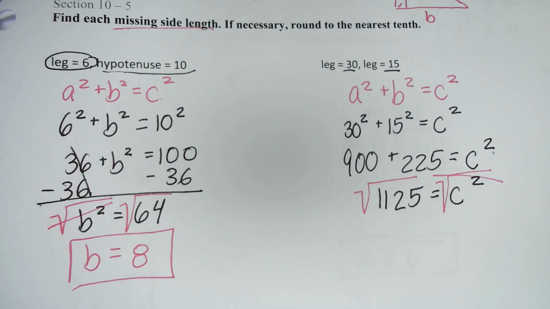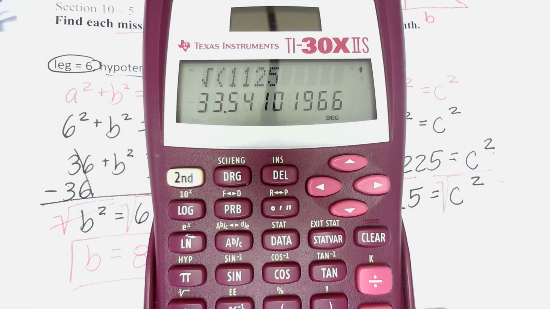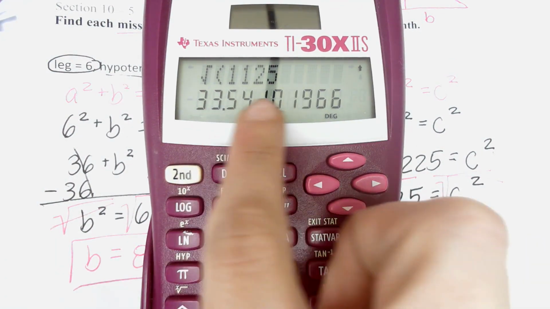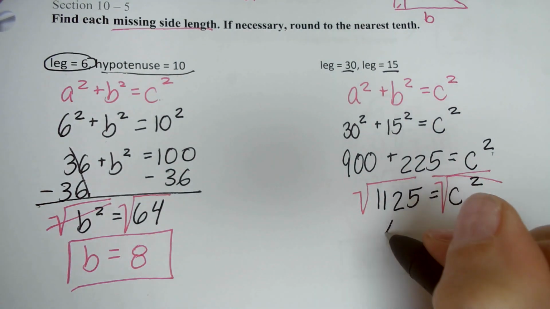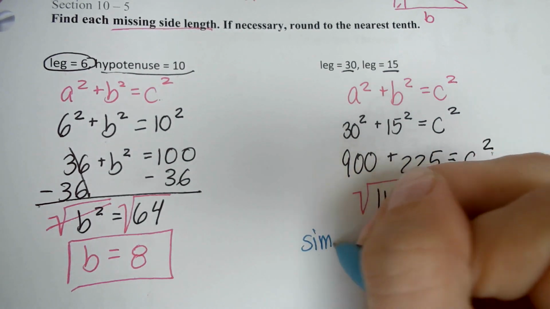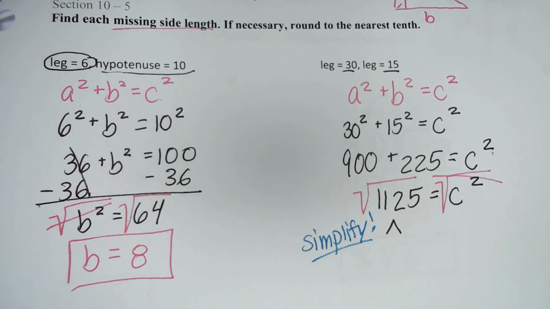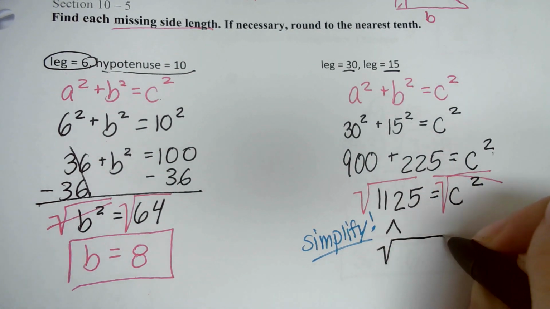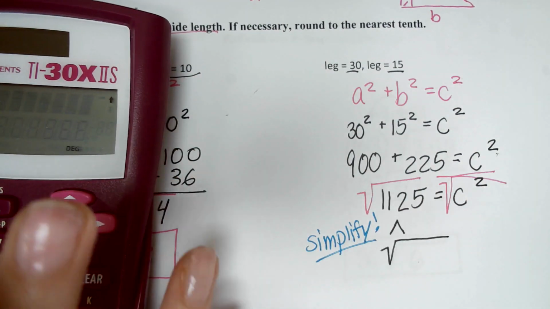So that square root of 1125, it doesn't give me a whole number. 33.5410, and so on. So this is where we are going to want to simplify. So this will become the square root of, and just seeing that it ends in 25, I'm going to try and start with that.